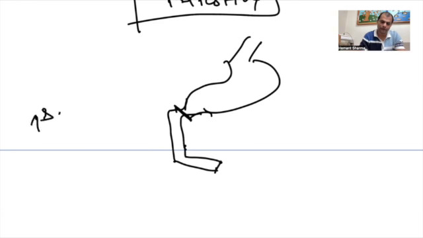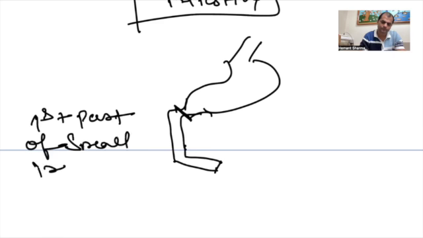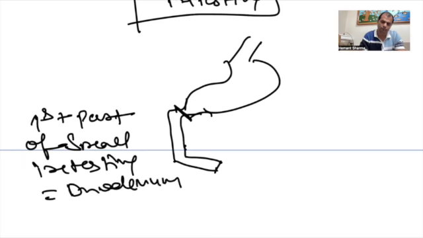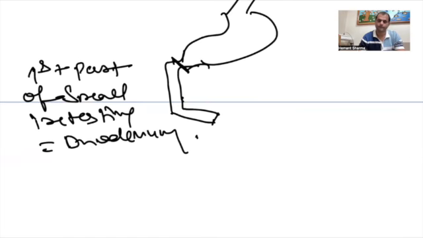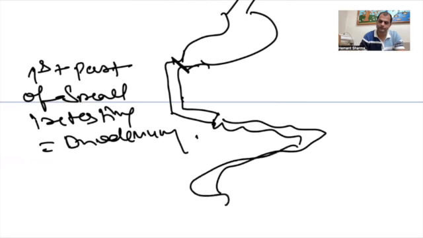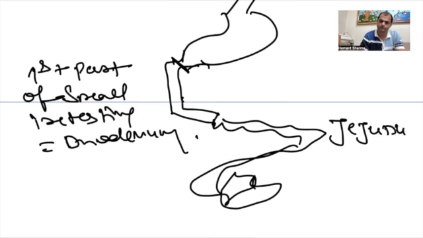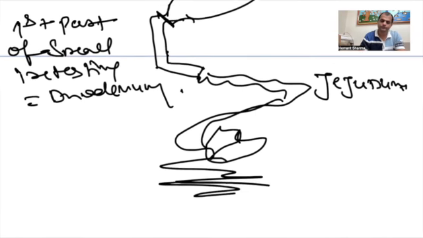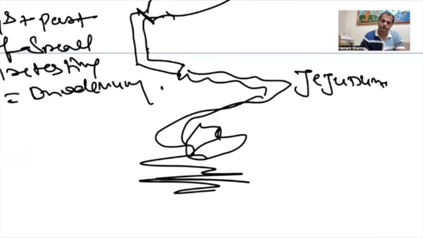The other name of this part is duodenum. Then the second part of the small intestine is called jejunum. Then the third part of the small intestine is called ileum.